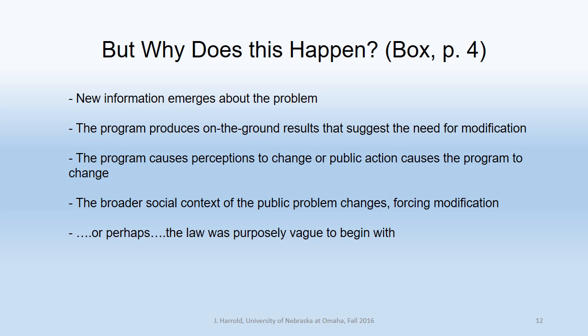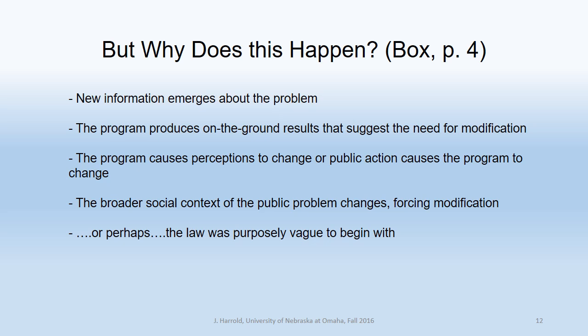Or the broader social context of the public problem changes, forcing modifications. If suddenly we enter into another economic depression, say something similar to the Great Depression, how would homelessness be affected if instead of 5% unemployment in the United States, we had 25% unemployment?